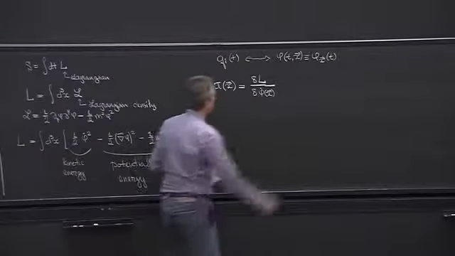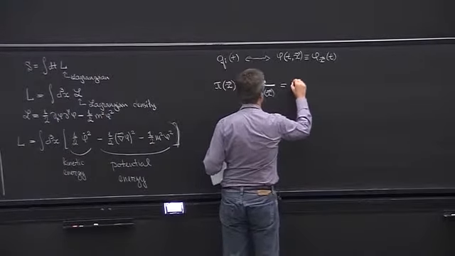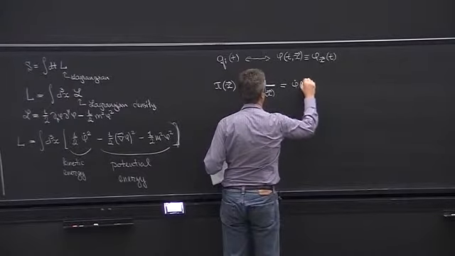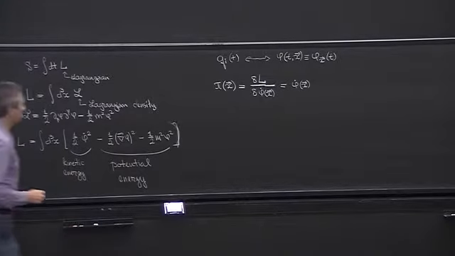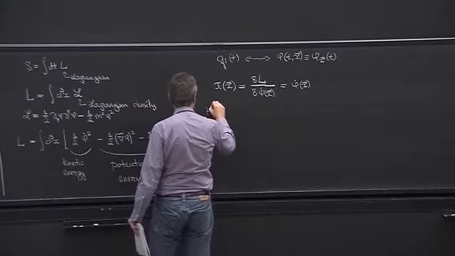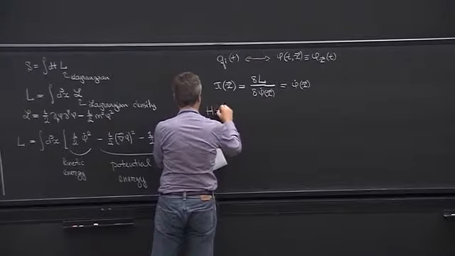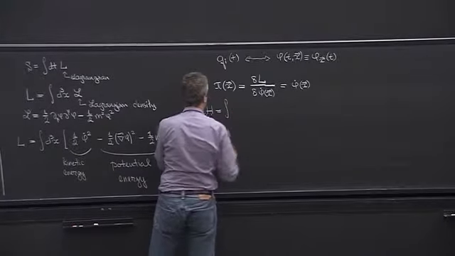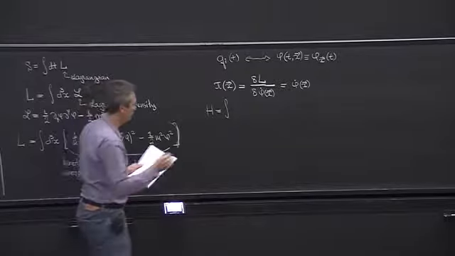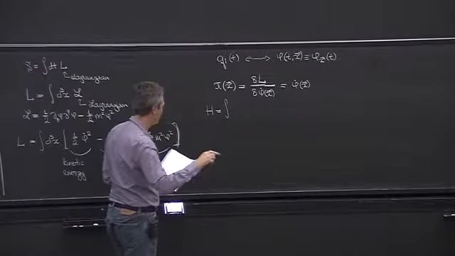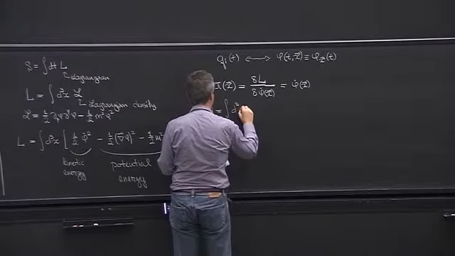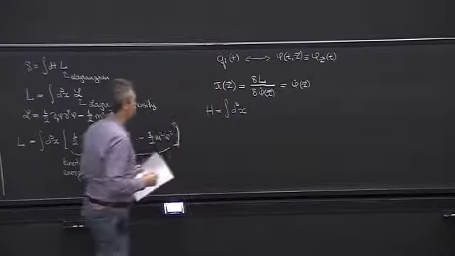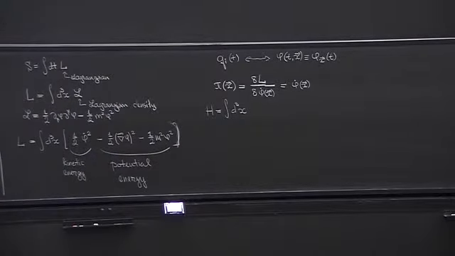Which is simply the velocity of the field. And then the Hamiltonian is given by P dot Q dot minus the Lagrangian. So the dot contains summation over all indices in usual mechanics with a finite number of degrees of freedom.